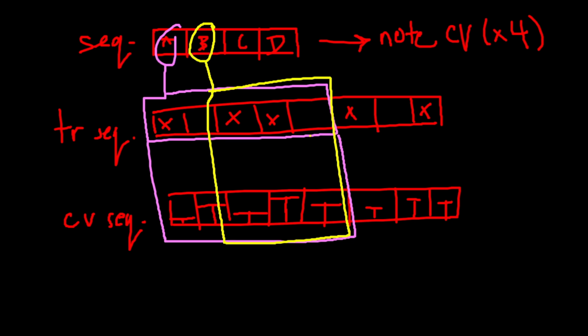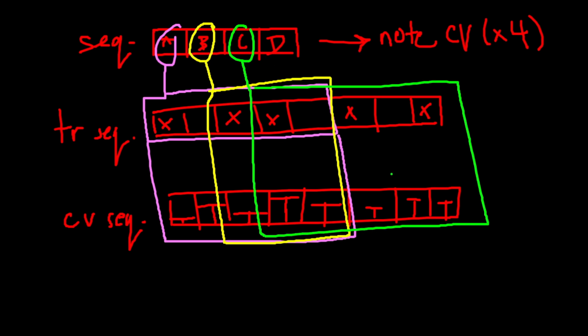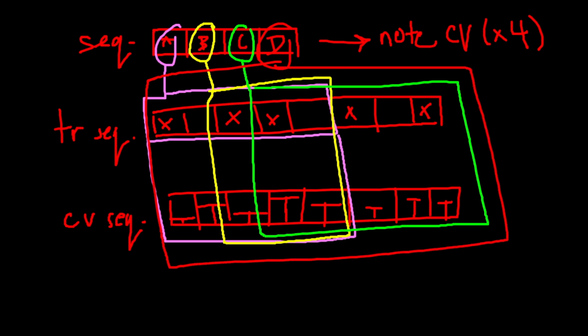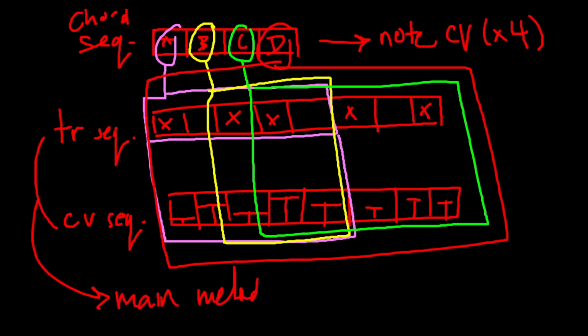Will be 3, and then let's say C will play, let's say this whole sequence will be 5 notes long, and then D will play like the whole thing. So then in the end we'll have a chord sequencer right here, and then both of these will make up a main melody sequence.